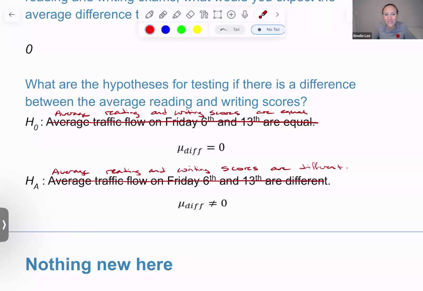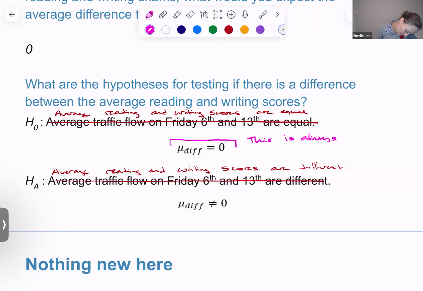What's really nice about paired data, once you've decided you have paired data, is that this is always H naught for paired data.